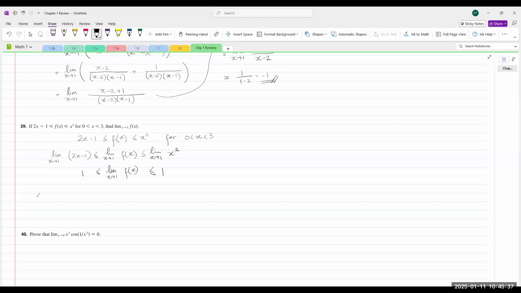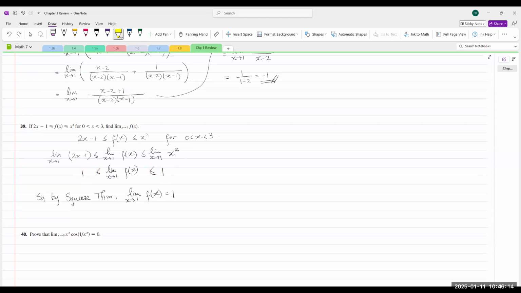Okay, so by squeeze theorem, the limit as x approaching 1 of f(x) must be equal to 1 because it is less than or equal to 1, and greater than or equal to 1 at the same time. This limit is being squeezed by the same number above and below. Then the limit must be just that number.